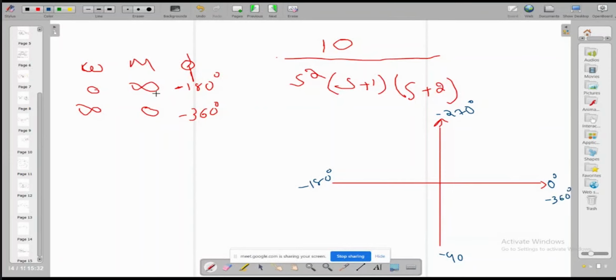So it will start with magnitude infinity, phase minus 180 degree. Then it will end at magnitude 0 and phase angle minus 360 degree.